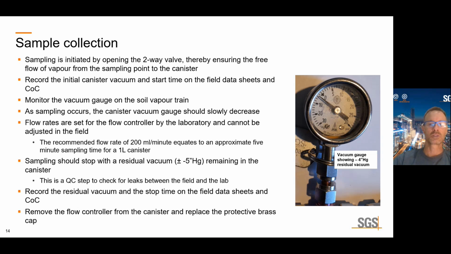This is the quality control step to check for leaks between the field and when canisters are received in the laboratory. When we have finished sampling, we record the residual vacuum as well as the stop time on the field data sheets and the chain of custody. We then remove the flow controller from the canister and replace the protective brass cap on the canister.